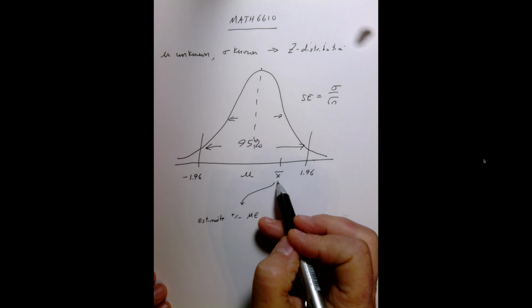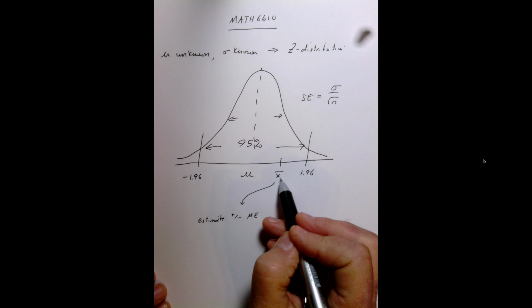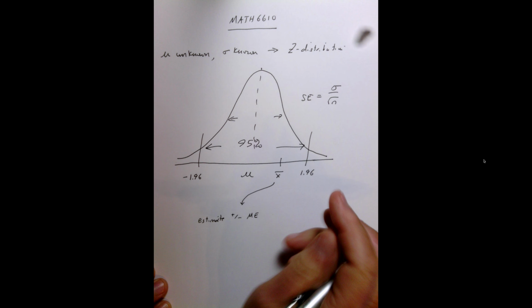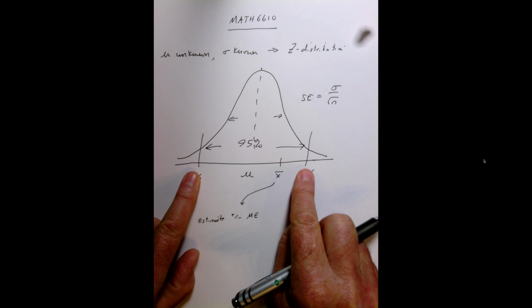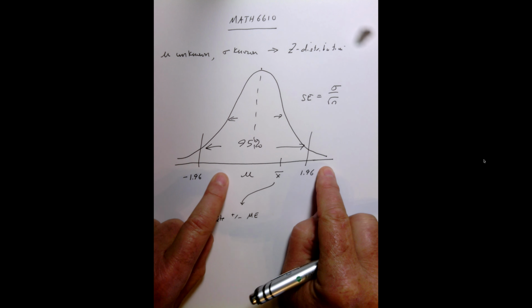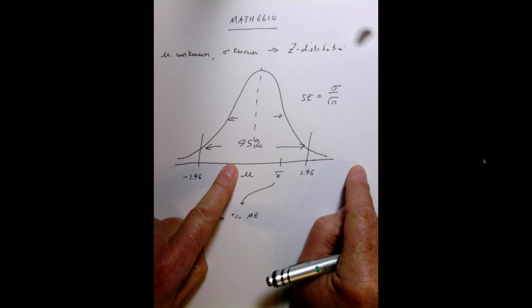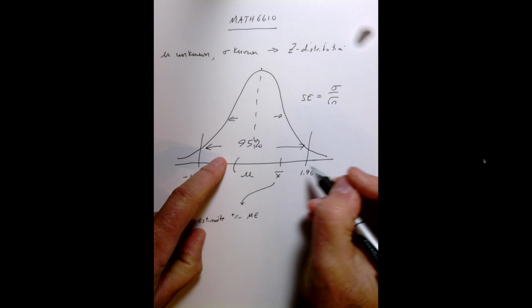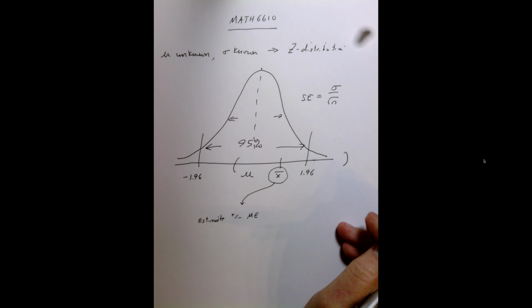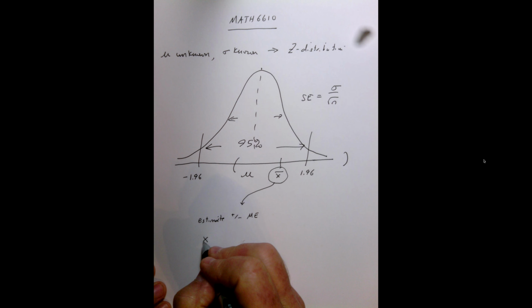There's nothing holy about this one. This just happens to be the one we're taking to the dance. So we're going to come in and we're going to build, if we can imagine this width right here, we're going to shift that over and create an interval around this estimate.